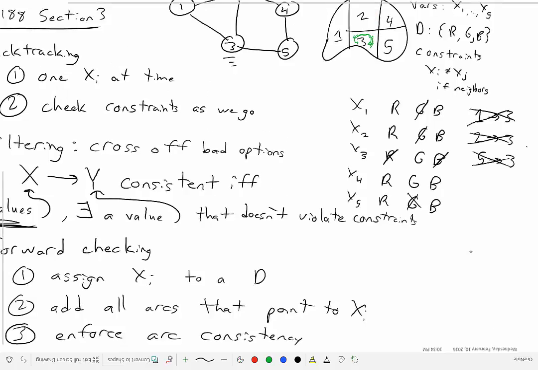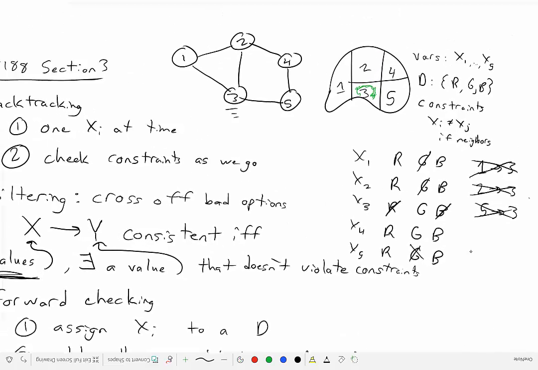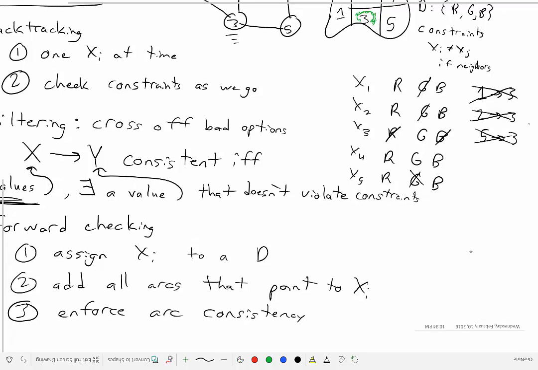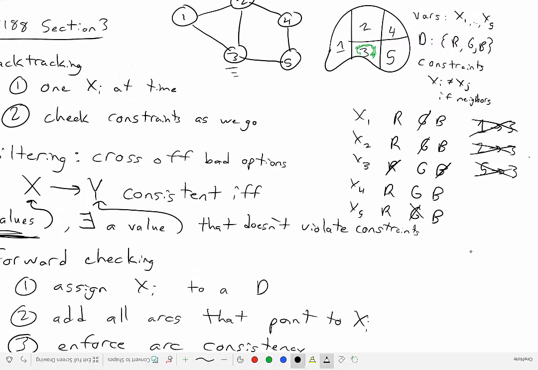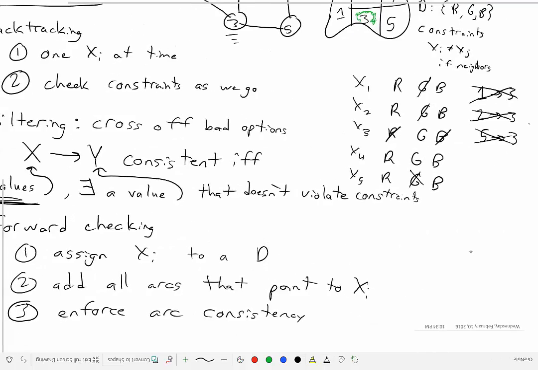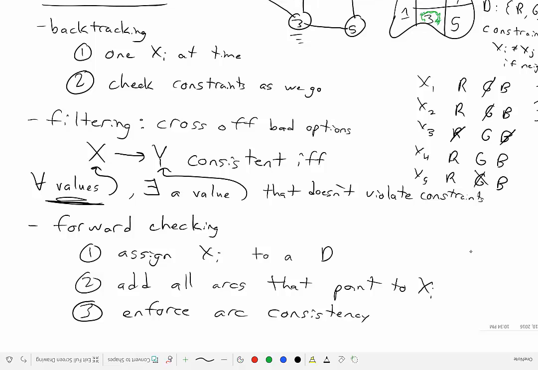Now, there's something else though. We can do forward checking, which only checks for the value that we assigned. But since we're crossing off values in other domains, like in this example, we crossed off values in x1, x2, and x5, this could propagate to other variables, which would not be arc consistent anymore because we were changing the domains. So this brings us to enforcing full arc consistency. So let's go over that.